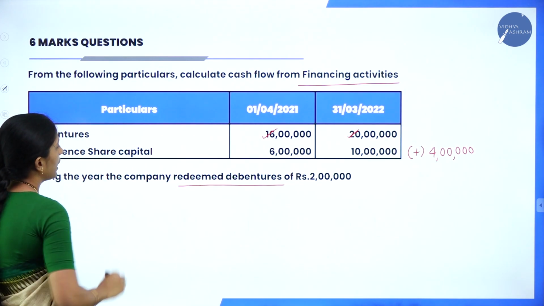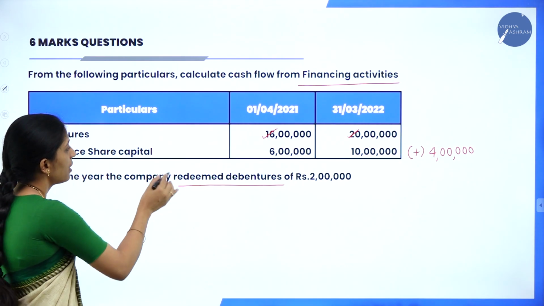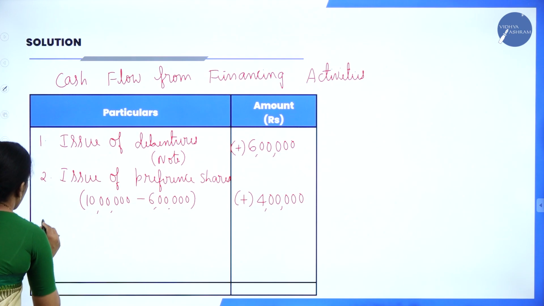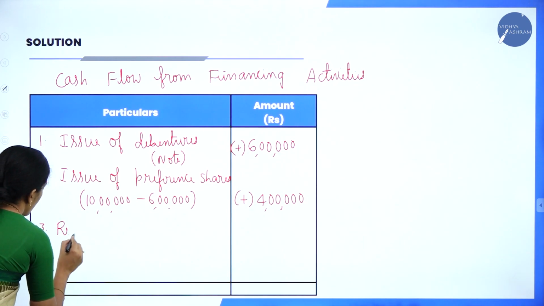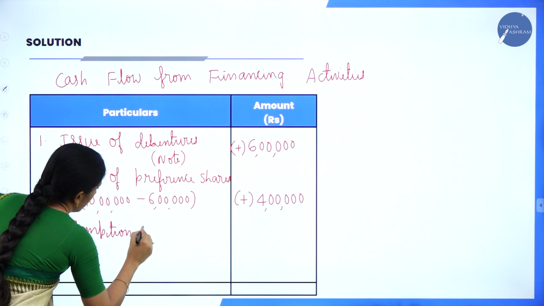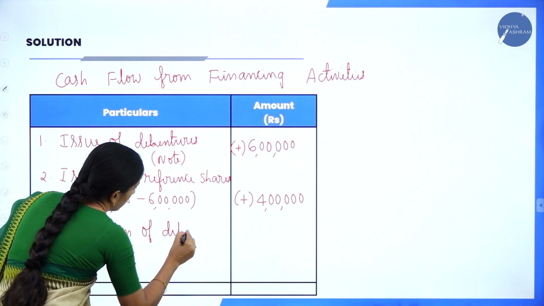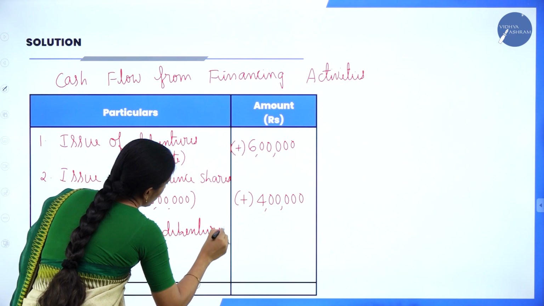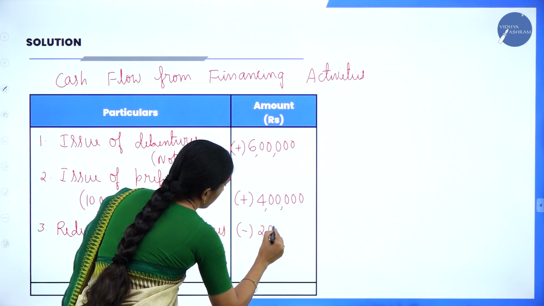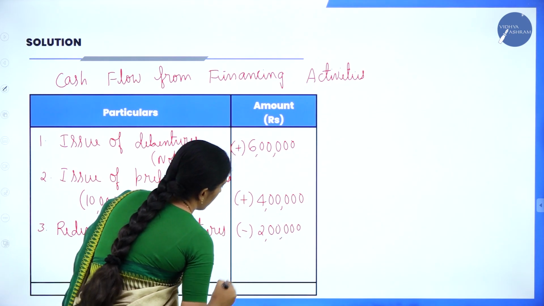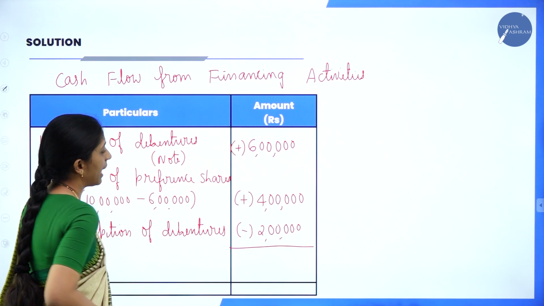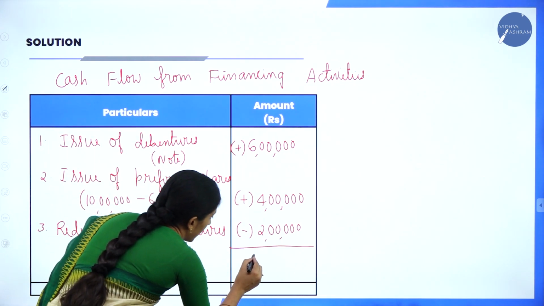Now, next, during the year, the company redeemed the debentures. So, redemption of debentures, how much? 2 lakh. Redemption means payment. So, minus 2 lakh. So, now it is 6 plus 4, 10 lakh. 10 lakh minus 2 lakh, that is 8 lakh.